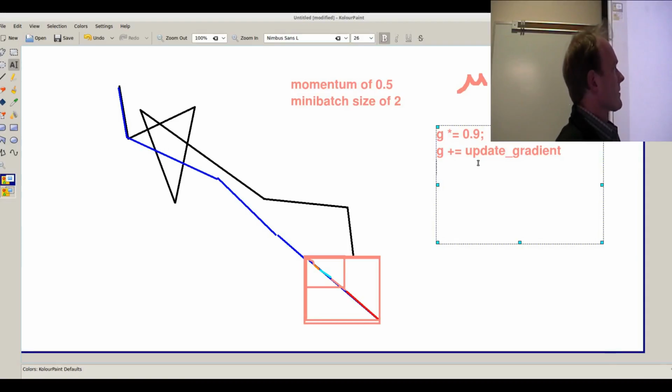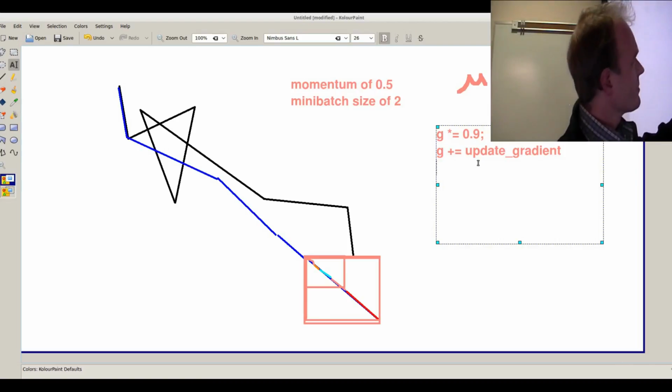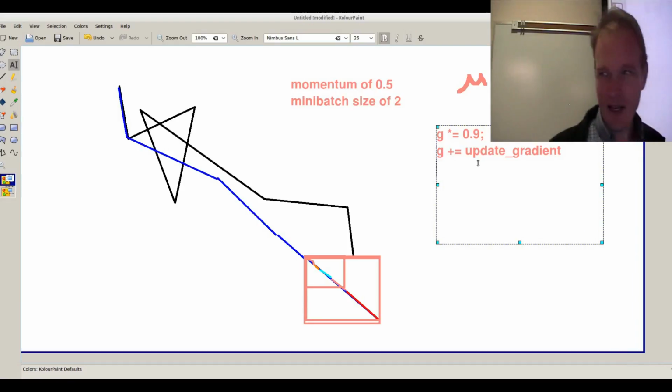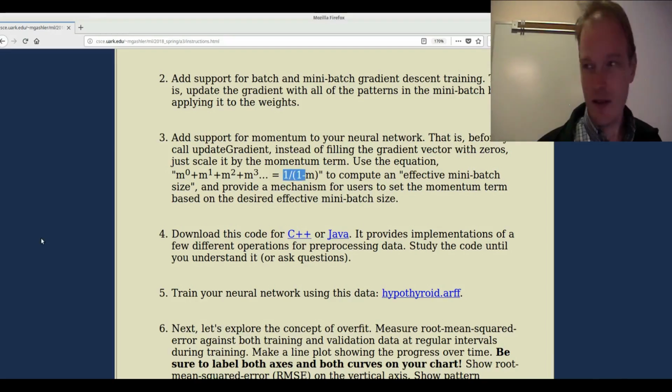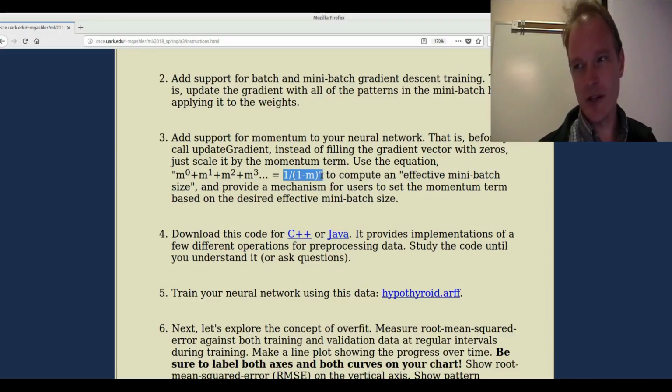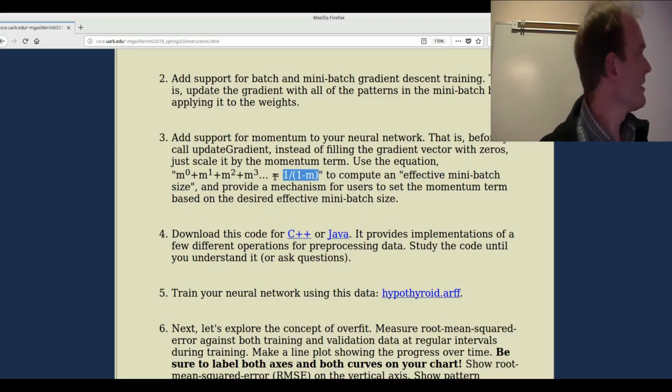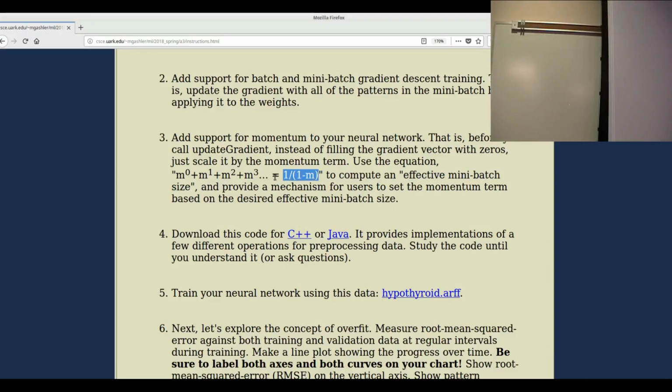Excellent question. I don't know. I've seen numbers as high as 0.9, and I've used 0.9 and had it effectively work with some data sets. If you go up to 0.9, though, that's another reason this is a useful equation to know. Then your step size is going to be about 10 times your intended step size.